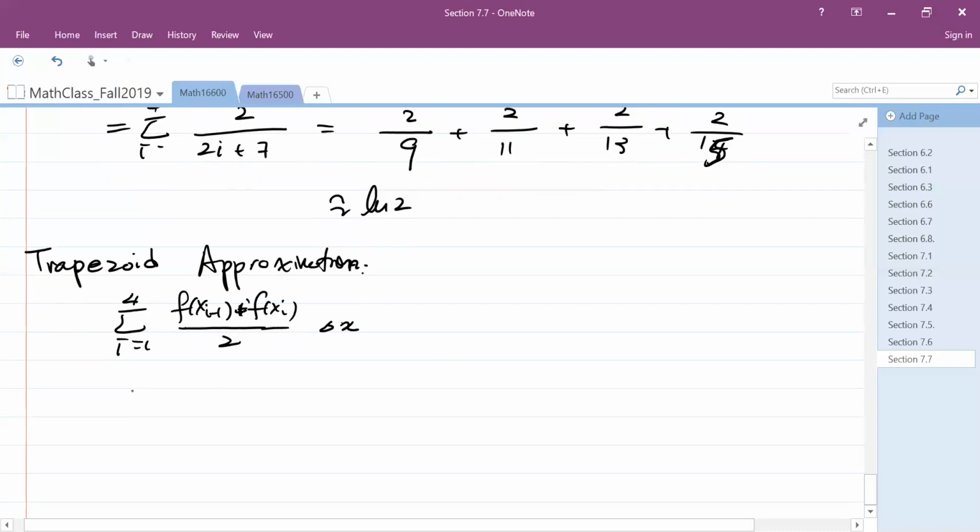It's a little bit difficult to do the calculation. This is the sum over i from 1 of 2, 1 over xi minus 1 plus 1 over xi, and this will be just delta x. Let's put in the details.